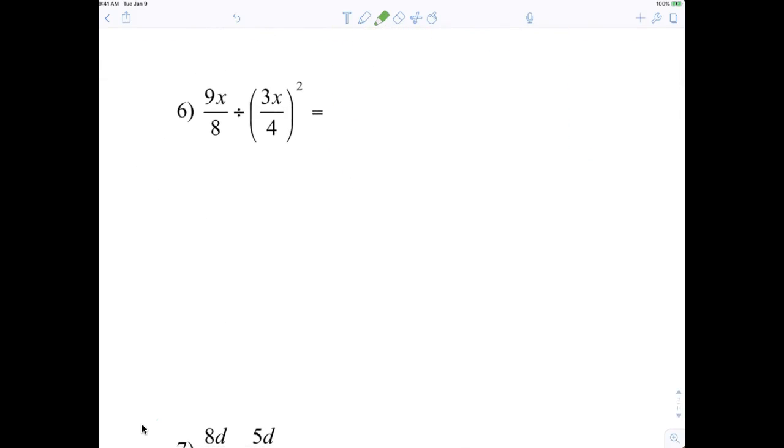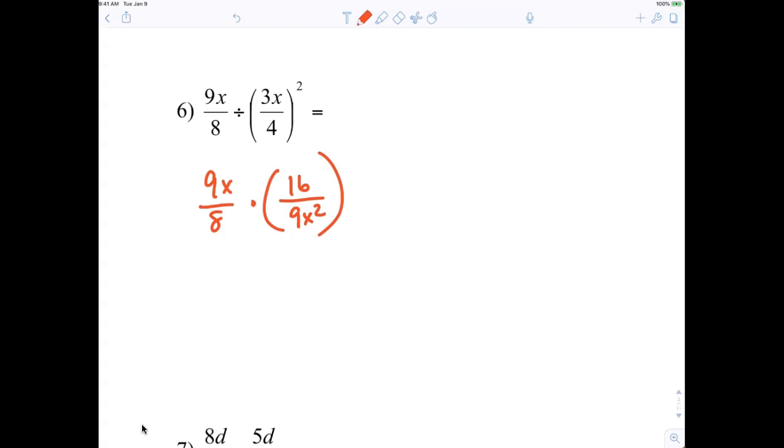We have to put the second bracket that goes on top. Right? And it's 9x over 8 times 16 over 9x squared. Very, very good. So he squared them and did the reciprocal. Exactly correct.